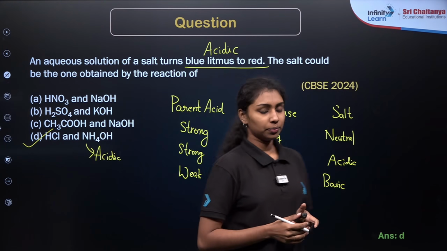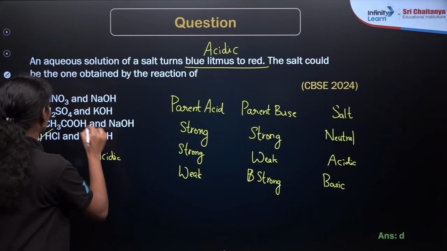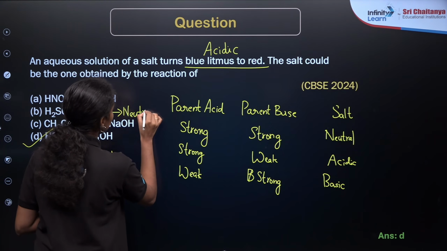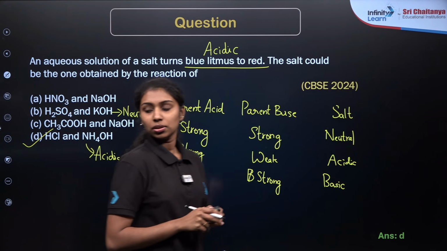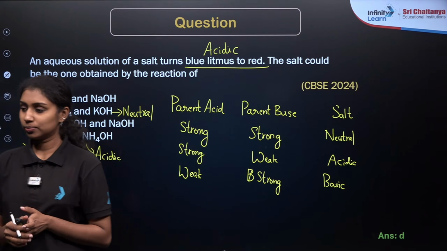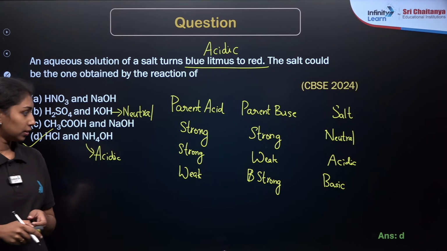Is that clear? It will form a neutral salt only, because both of them are strong acid and strong base. KOH and NaOH are strong bases. Clear?